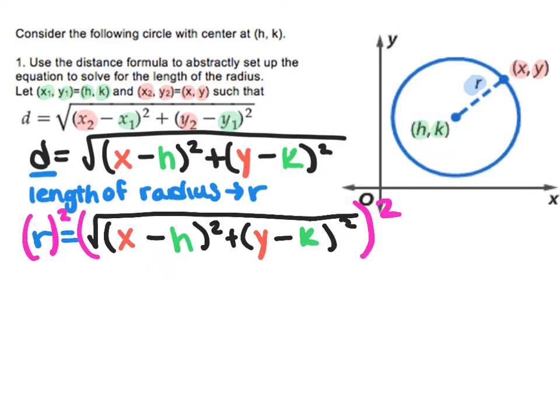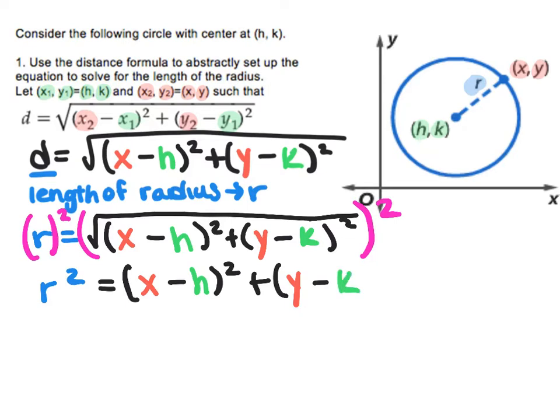So it becomes r squared equals x minus h, close parentheses squared, plus y minus k, close parentheses squared.